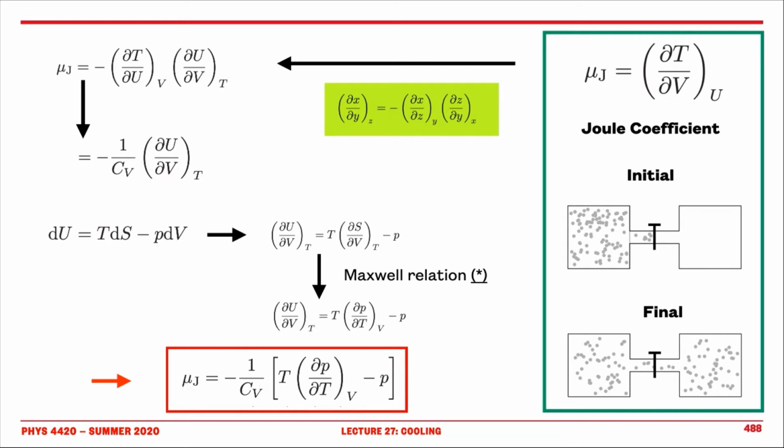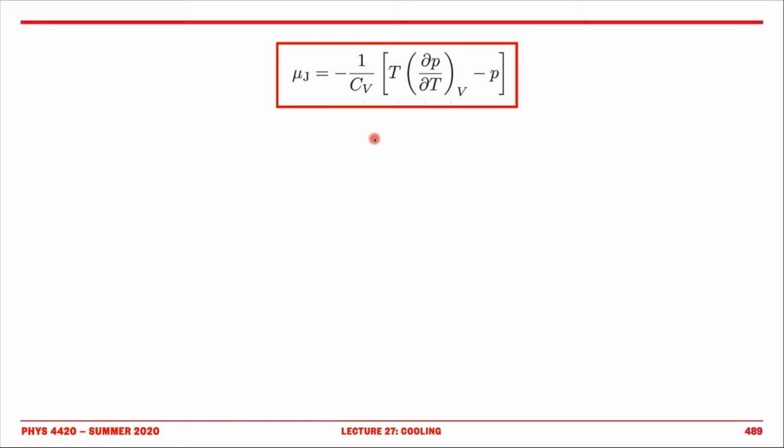First of all, let's try to remember that for an ideal gas, the change in temperature when we change the volume at constant internal energy should be zero, right? Because there's no change in temperature when we keep the internal energy constant for an ideal gas. Remember, the internal energy of an ideal gas only depends on temperature. So that should be equal to zero. Well, we are going to see that right away. Let's try to understand this equation a little bit better.